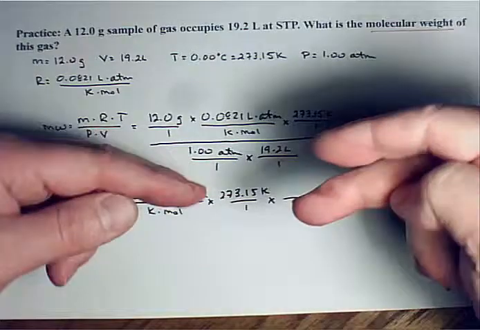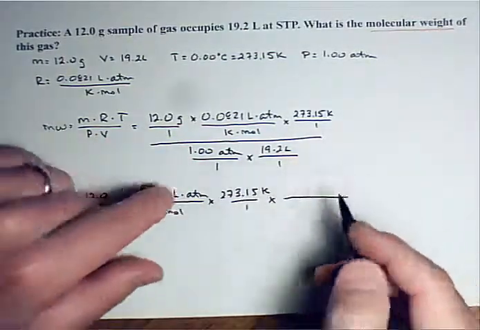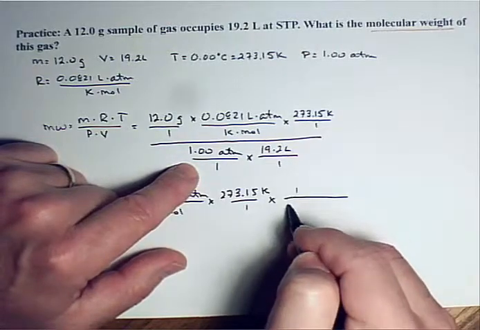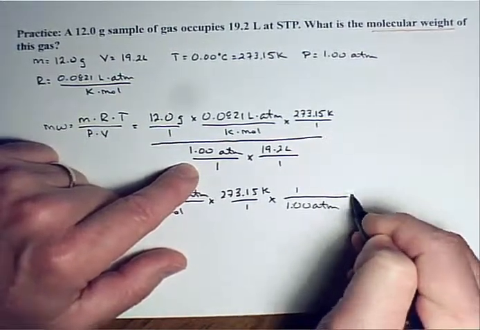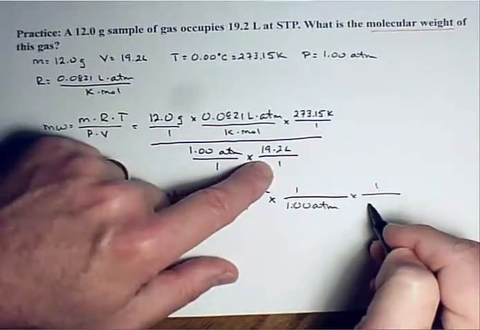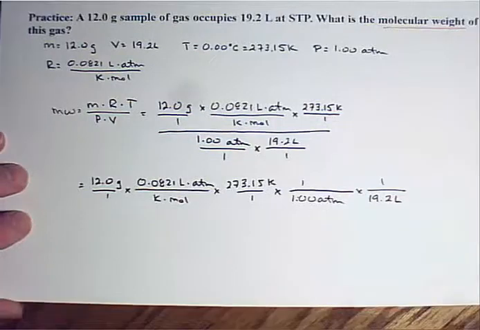On the bottom, I'm going to take both of these and flip them over and multiply them. That's the way you resolve a complex fraction. So it's going to be 1 over 1.00 atmospheres and 1 over 19.2 liters.